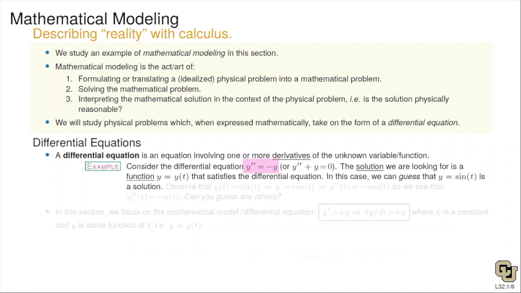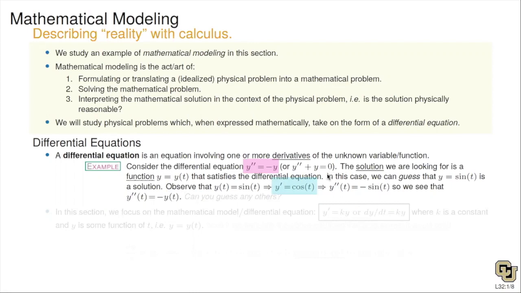For example, if we guess sine of t, I'll show you that that turns out to be a solution. So what I'm going to now do is differentiate sine of t twice and show you we get back the original function, but with a minus in front of it. So here's y of t equal to sine of t. I take a first derivative, so y prime equals cosine t.